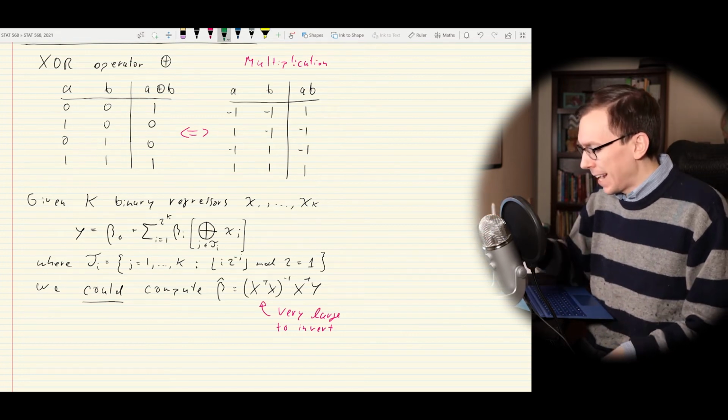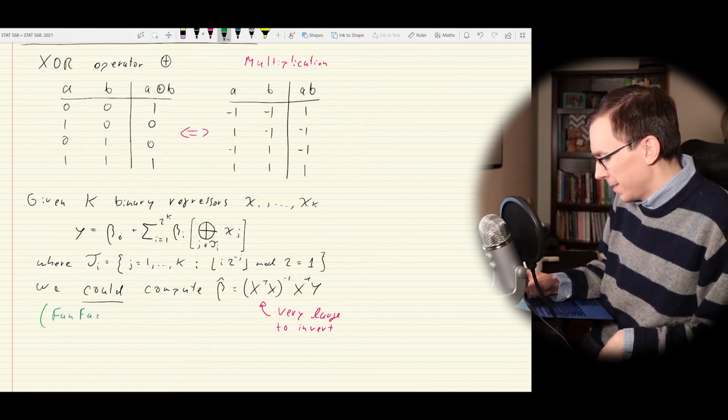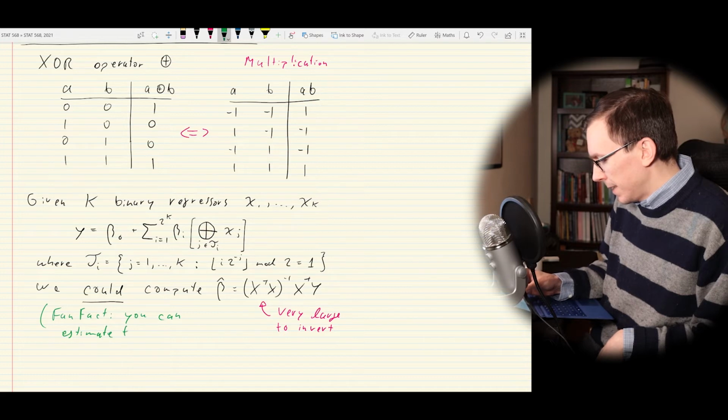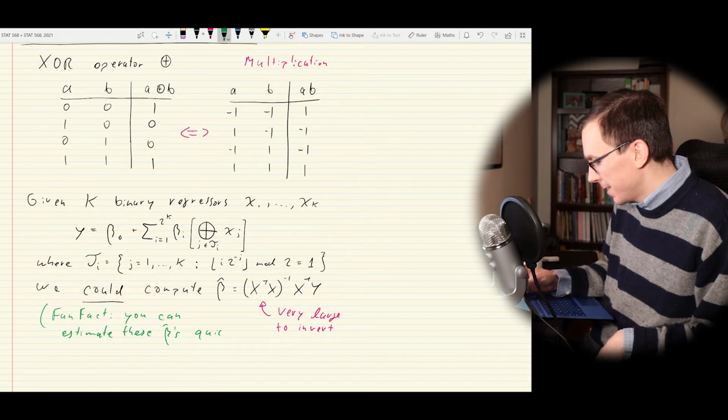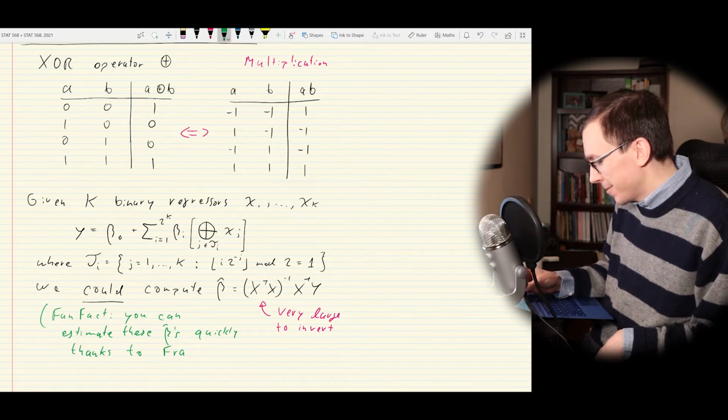Luckily, fun little side fact: you can estimate these beta hats quickly thanks to a guy who worked with Fisher named Frank Yates.